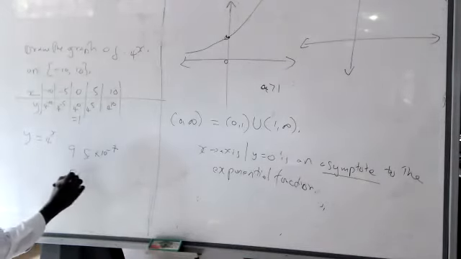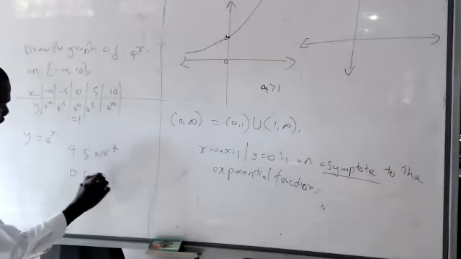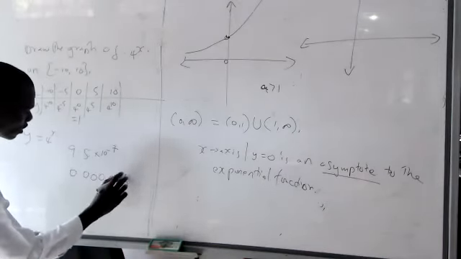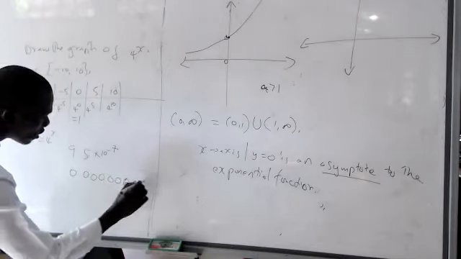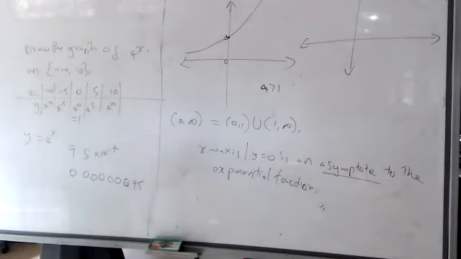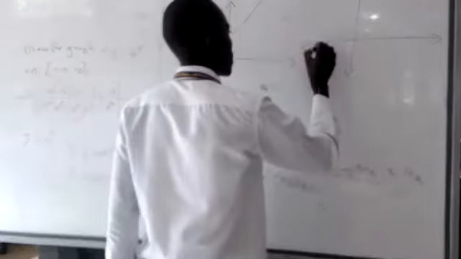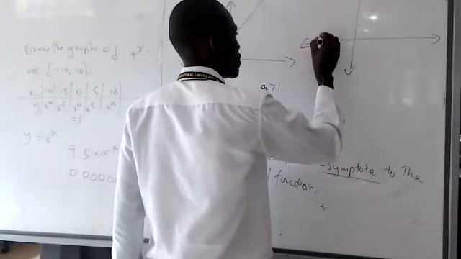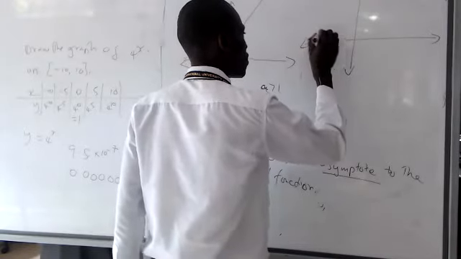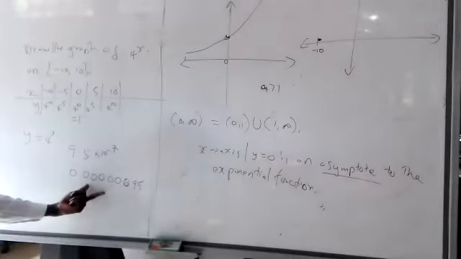So that will have 6 decimals: 1, 2, 3, 4, 5, 6, 9, 5. It's a very tiny number. So at negative 10, we have a very small number, 0 point something, very close to the horizontal axis.